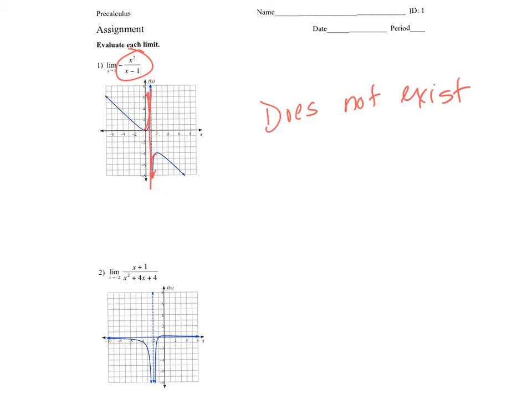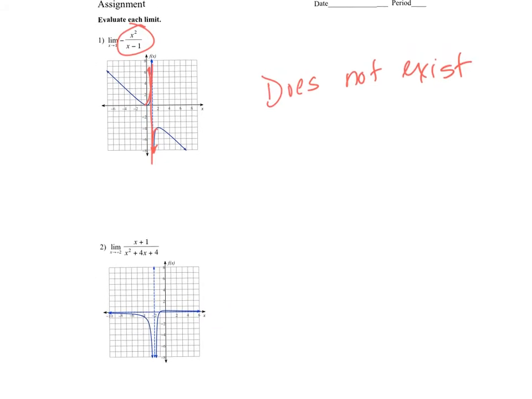So let's look at the second one. I'm going to move this up a little bit. Upstairs you've got x plus 1, and downstairs you have x squared plus 4x plus 4, which actually factors as x plus 2 squared.